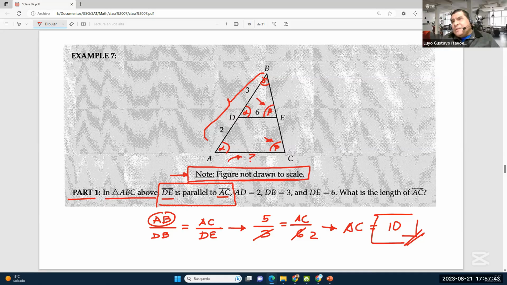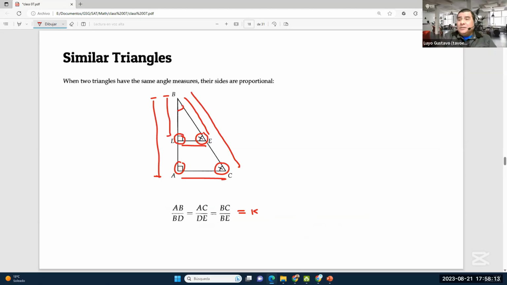Because here you have this segment that is 3 units, but here this looks almost, actually it looks shorter, but it is 6. So actually the lengths don't correspond with the apparent length, right? The true lengths don't correspond to the proportions of the figure. So be careful not to make inferences from these apparent proportions. You need to follow the exact proportions based on the property we just mentioned here.